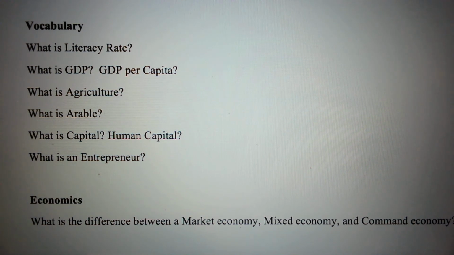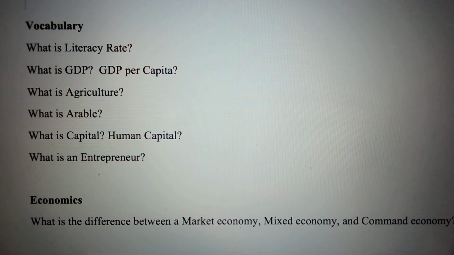What is GDP per capita? Remember we said per capita is a Latin word, but we should not get confused or scared by hearing that. Per capita basically means per person. So GDP per capita means how much does the average person in a certain country make in a year. So we could look at the GDP of the United States and say the country of the United States takes in this amount of money through trade in 1 year.